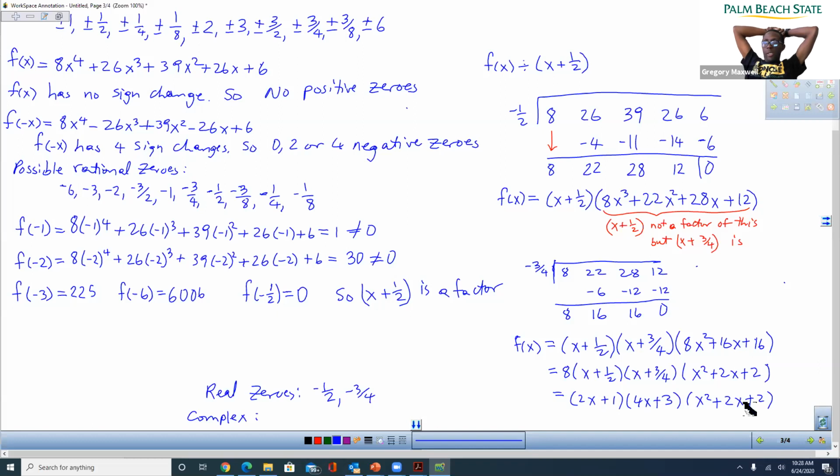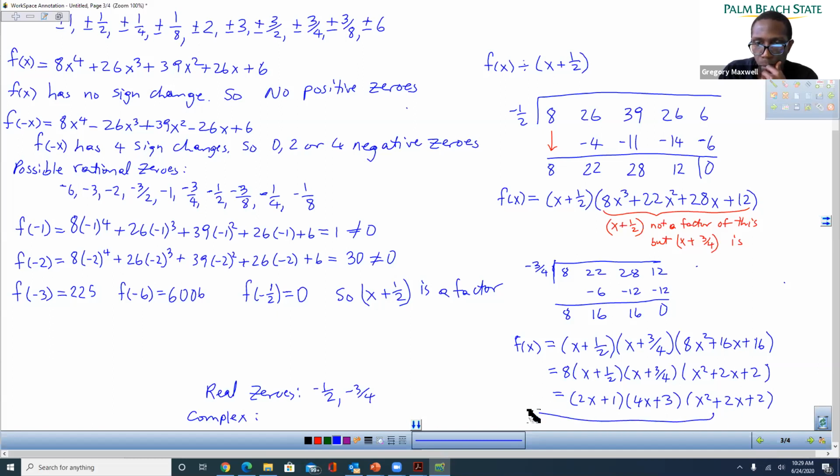That's going to take a little more time. I think I should do the complex zeros. This is not 1. You have to do a quadratic formula here.